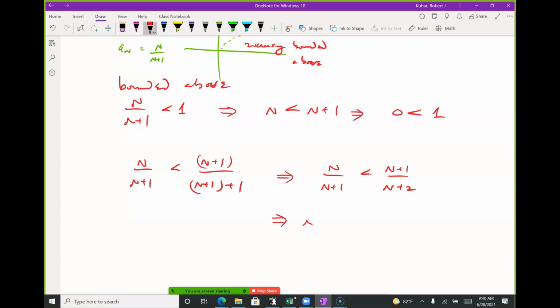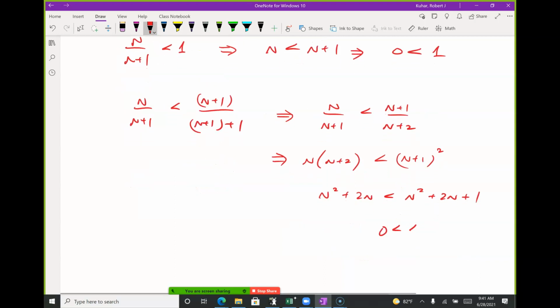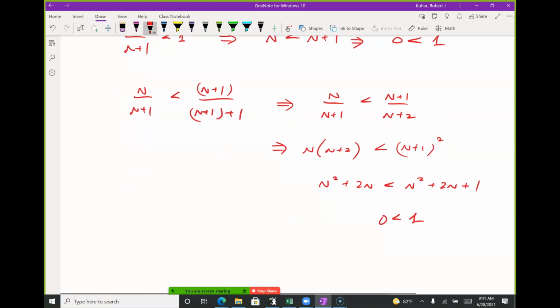I cross multiply, I get n times n plus 2 is less than n plus 1 squared. What do I get? n squared plus 2n is less than n squared plus 2n plus 1, and I get 0 is less than 1 again. So this is showing me increasing.